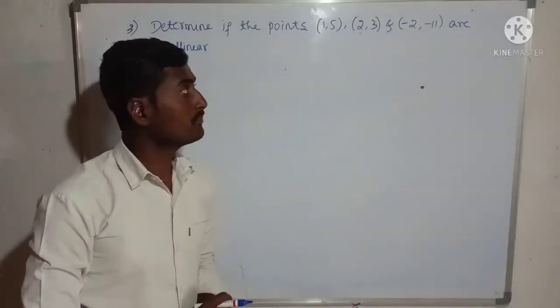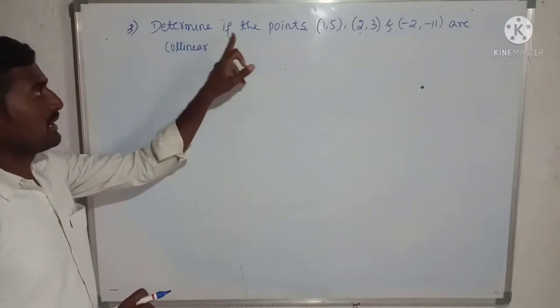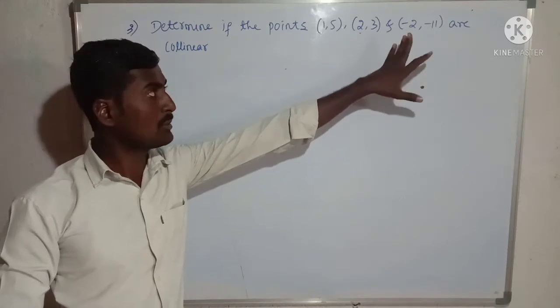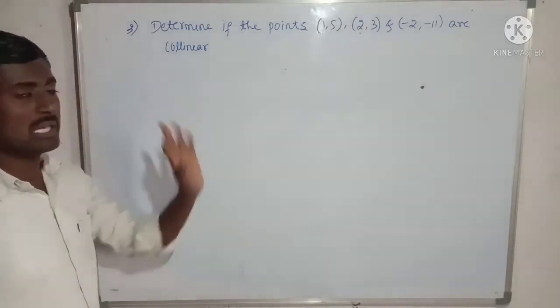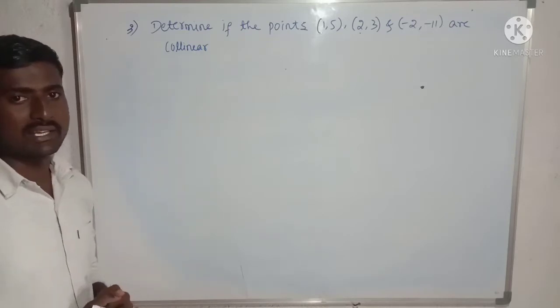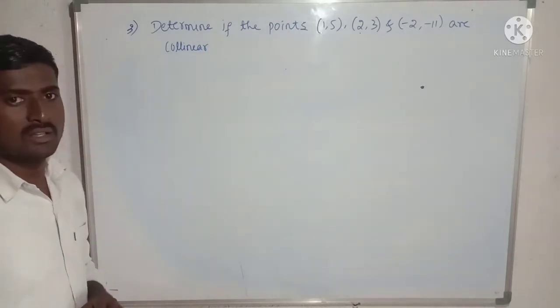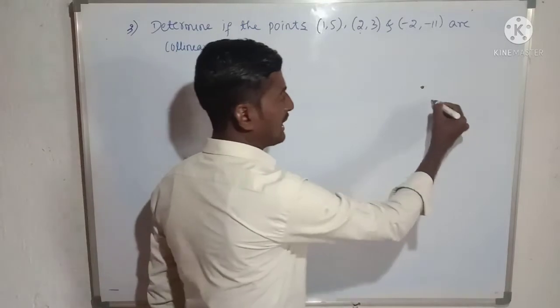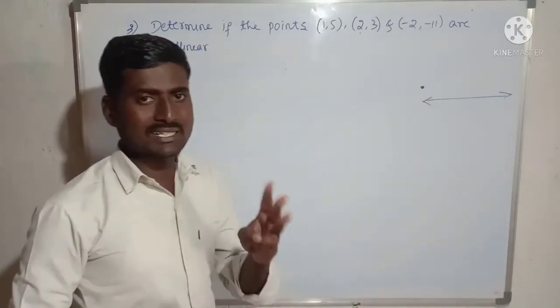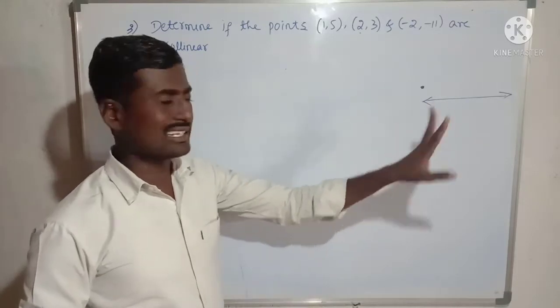Now third question, determine if the points 1, 5, 2, 3 and -2, -11 are collinear. So here the one word is collinear. What does it mean? Let us take one line, and consider 3 points on this line.